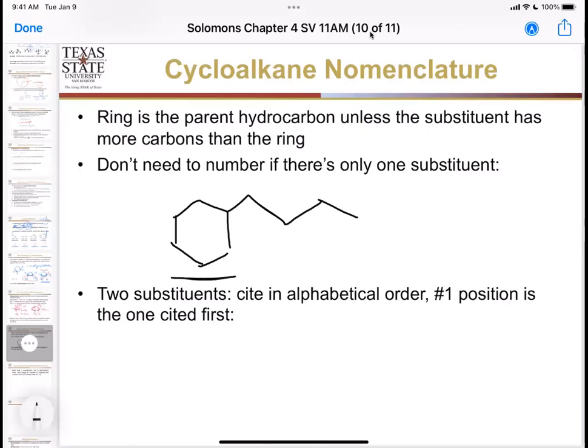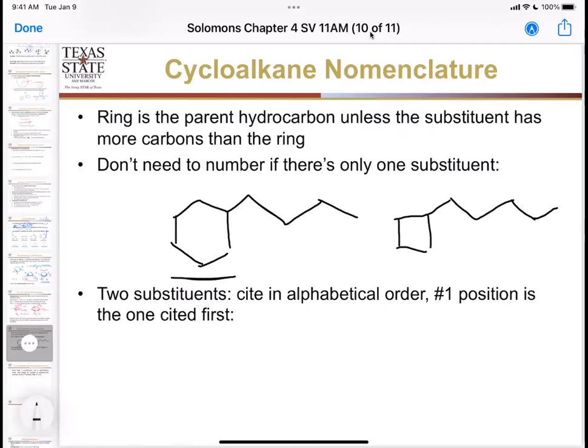So that could be any length until the substituent gets longer. When the substituent gets longer, we now have 5 carbons on this side and 4 carbons on that. So that means the pentyl group is now the parent. So we have to name it pentane.